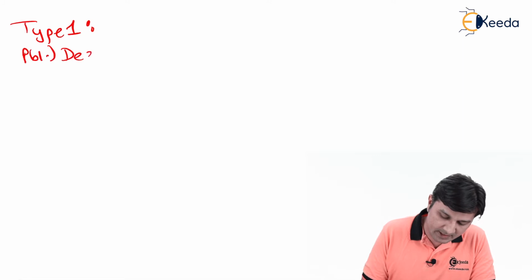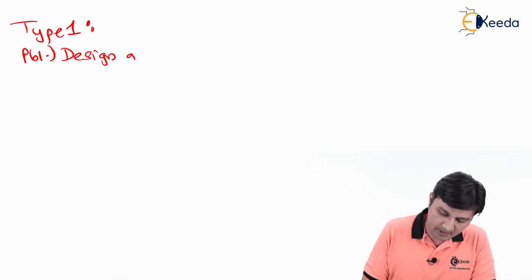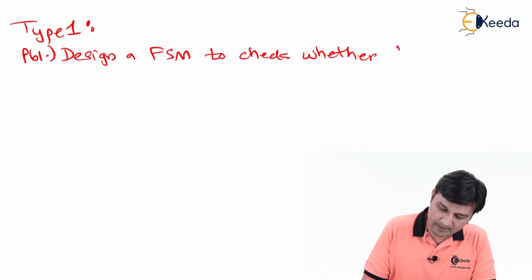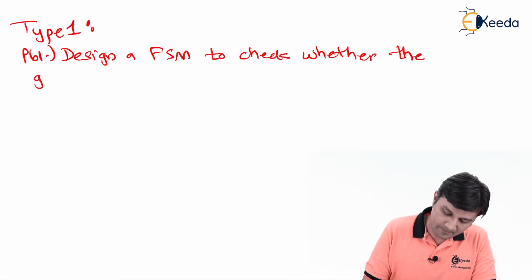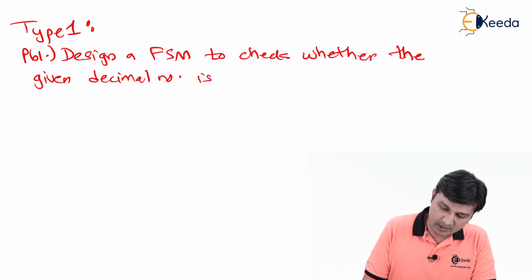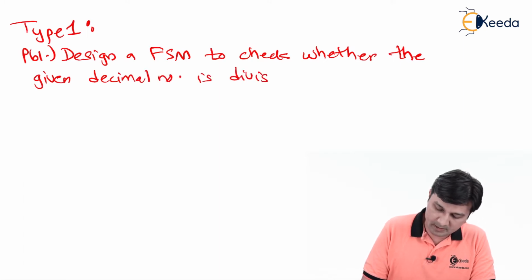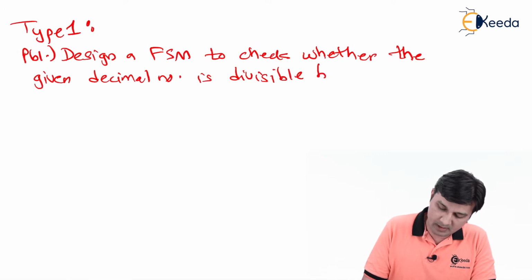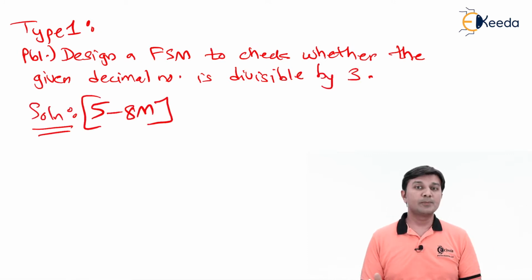Question over here says, design a FSM to check whether the given decimal number is divisible by 3. So this problem comes in the exam for 5 to 8 marks.